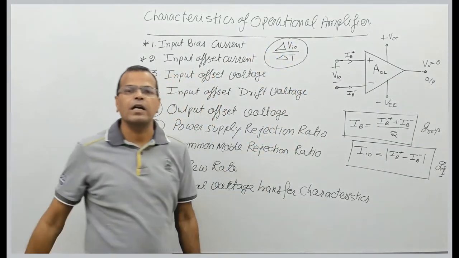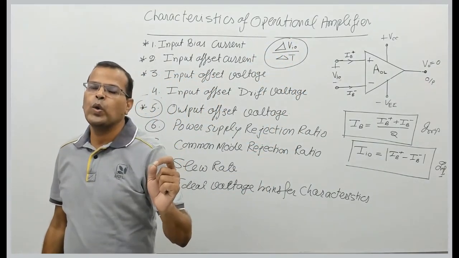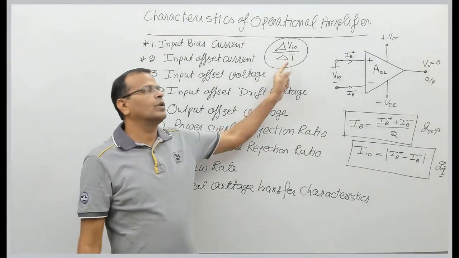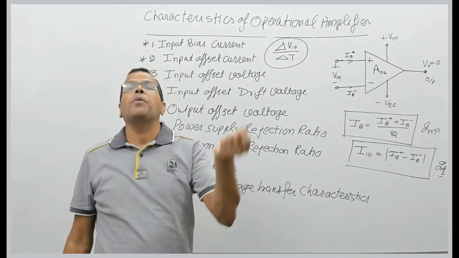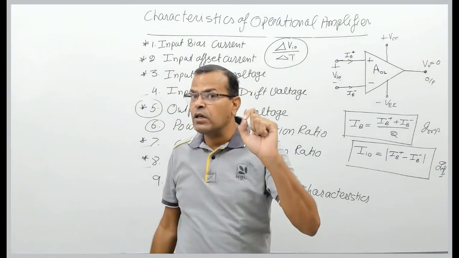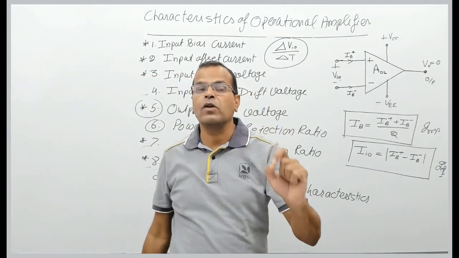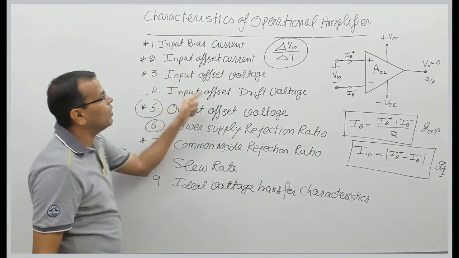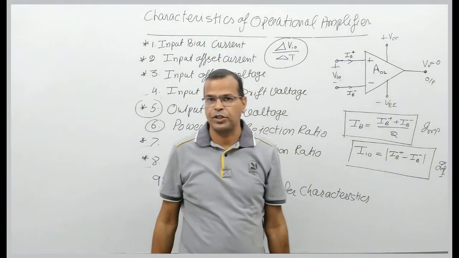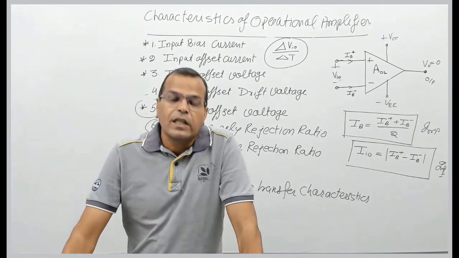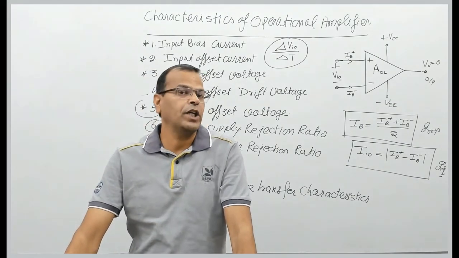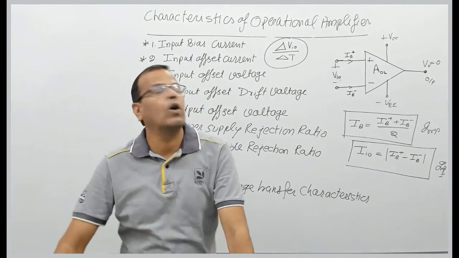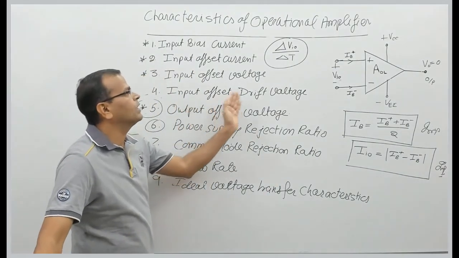This change in input offset voltage, delta VIO, per unit change in temperature is called input offset drift voltage.